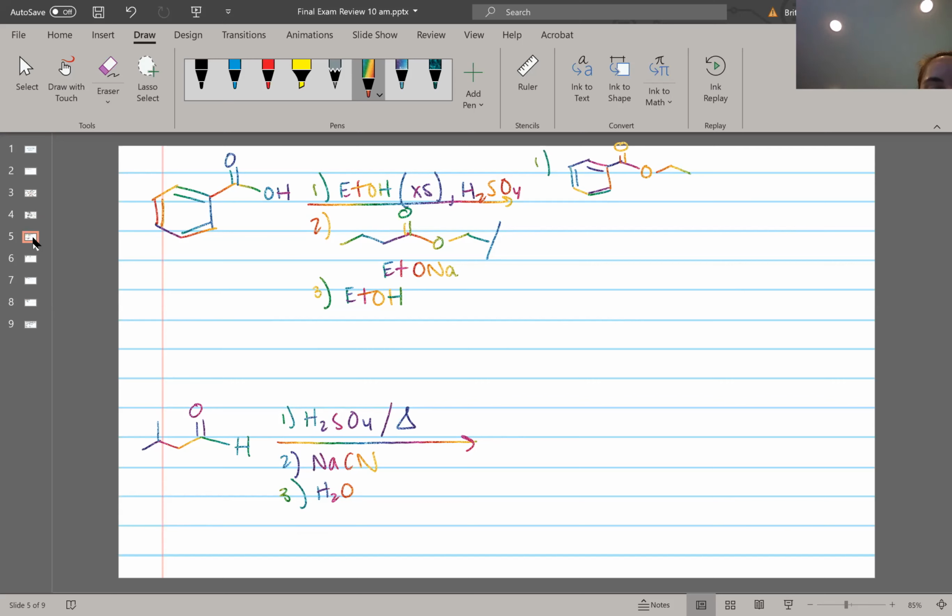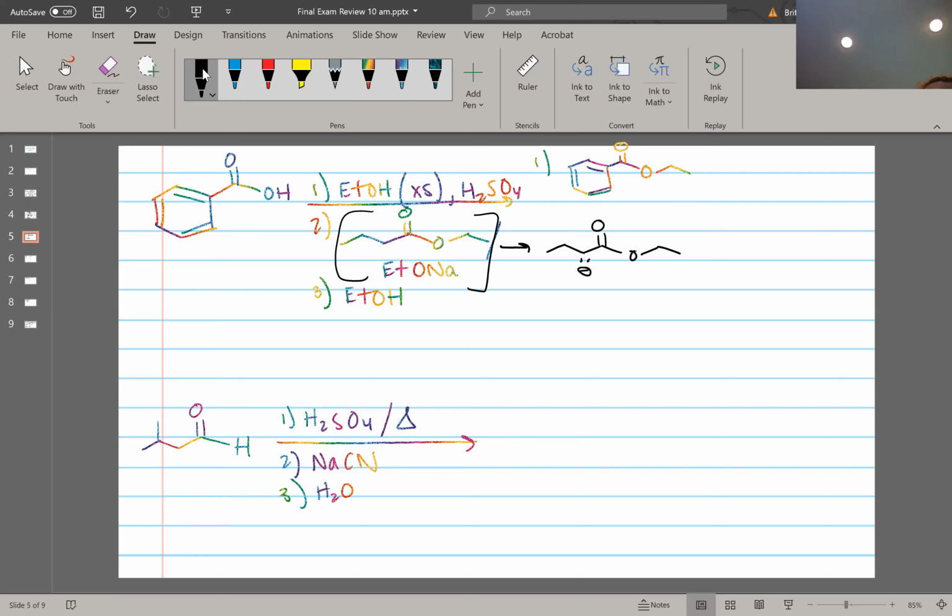What's going to happen with the ester and the ethoxide? What are these two reagents together making? An enolate. Yeah, exactly. So we're going to deprotonate at the alpha carbon to get our ester enolate.